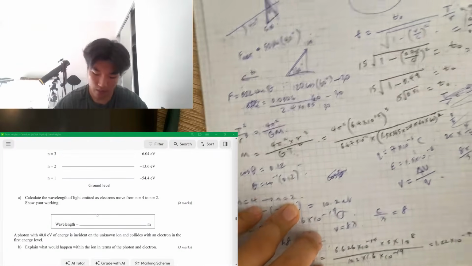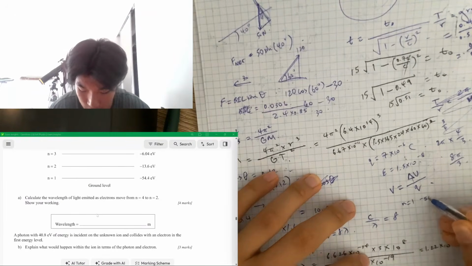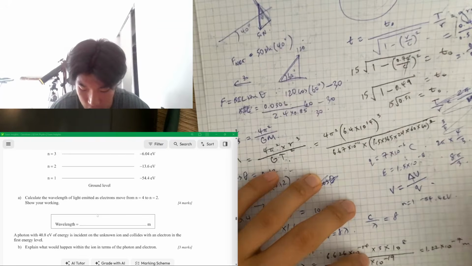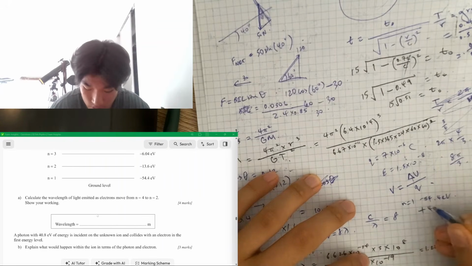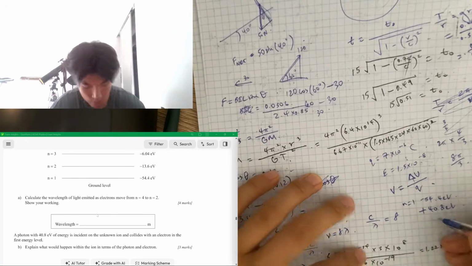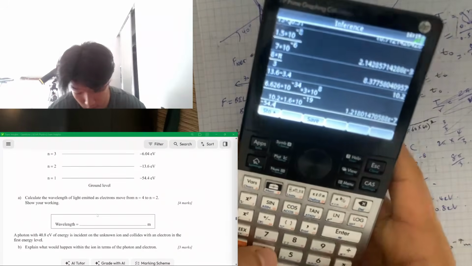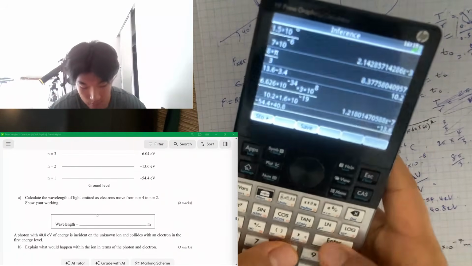So here we have n equals 1 being at negative 54.4 electron volts. We add 40.8 electron volts. What happens? Well, we can put that in a calculator. I mean, we shouldn't need to, but yeah.